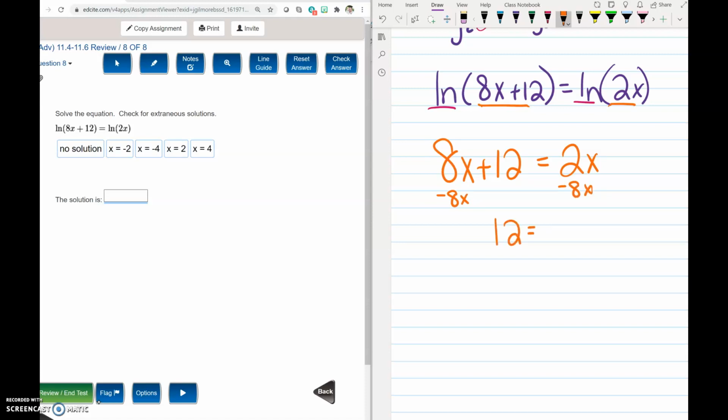So 12 equals negative 6x. Divide by negative 6, and I get x equals negative 2. So I'm tempted to just say x equals negative 2. But the directions say check for extraneous solutions, and this is a log problem, and you always need to check your solutions when you have log problems.